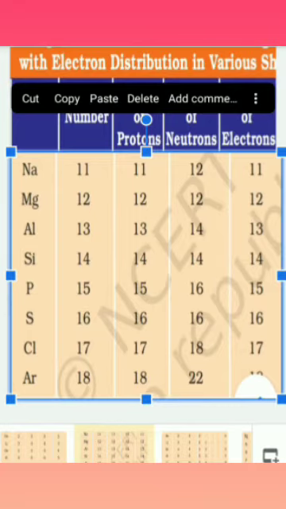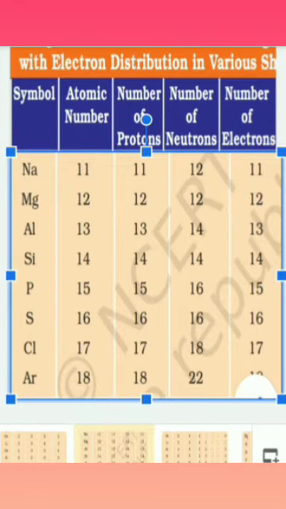And then sulfur, all are 16. So atomic mass of sulfur is 32. And then chlorine: here 17, here 18, here 35, but we write the chlorine atomic mass as 35.5. So we will see why chlorine has 35.5 atomic mass later, okay.